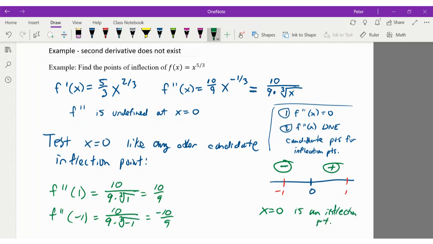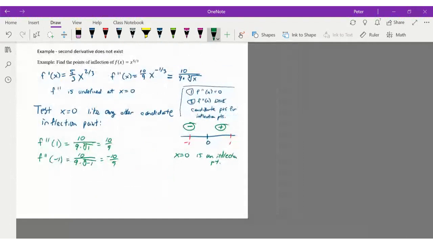In other words, it is a place where concavity changes. And what this function actually looks like is sort of like this. So this is y equals x to the 5/3. And as you can see, I have down concavity there, and I have up concavity there.